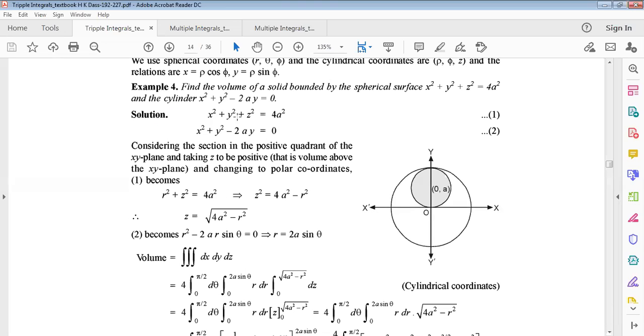Putting z equals 0 here, x square plus y square equal to 4a square, and z square equal to 4a square minus r square. From equation 2, it becomes r square minus 2ar sin theta equals 0, so r equals twice a sin theta. Understand?